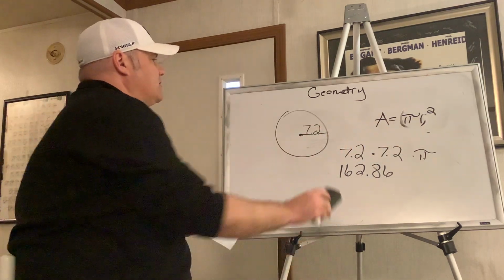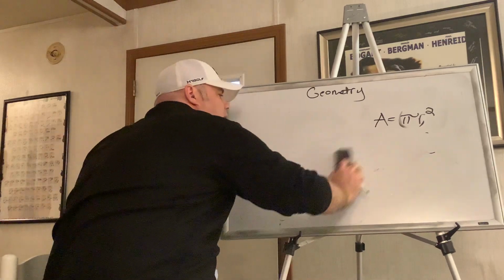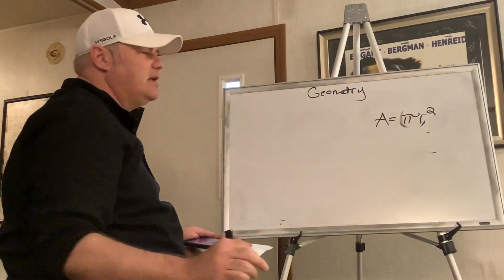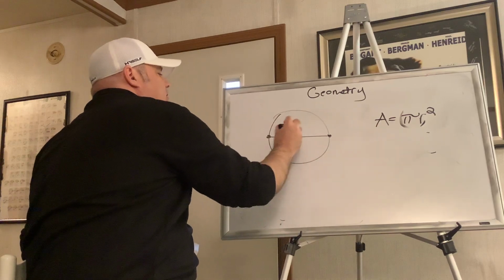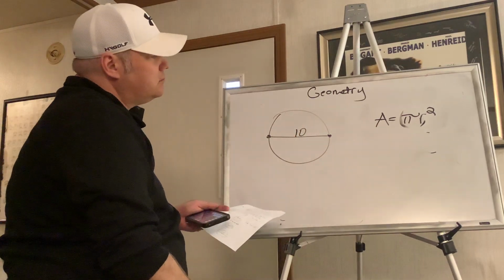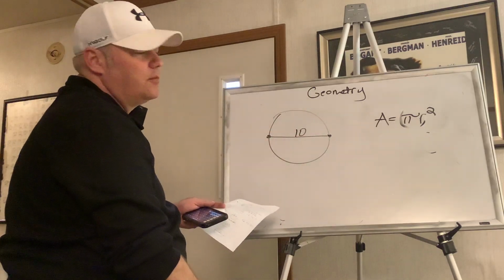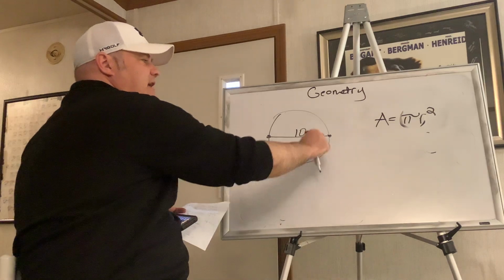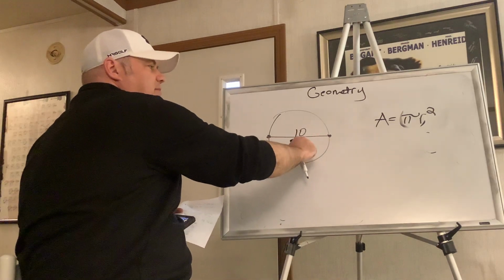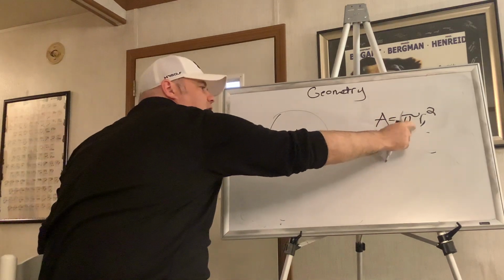Now, just like yesterday, where we were working with diameter and I gave you some with radius, what happens when they give you a circle in these problems with a diameter, and you've got to use that formula? Well, the first thing you have to do is find out what your radius is going to be. You're not going to take 10 times pi, because that's diameter, and that's not what the formula calls for.